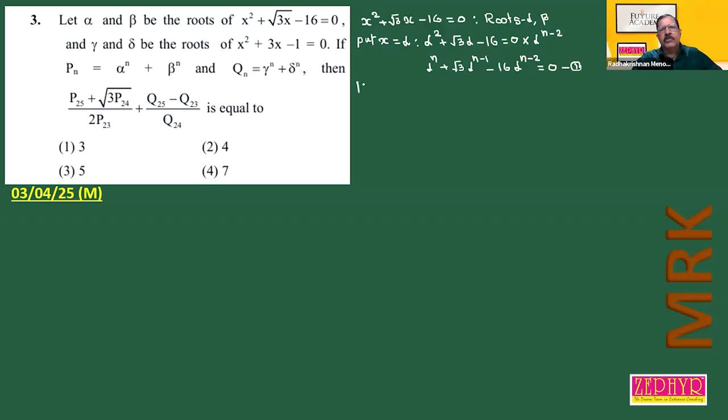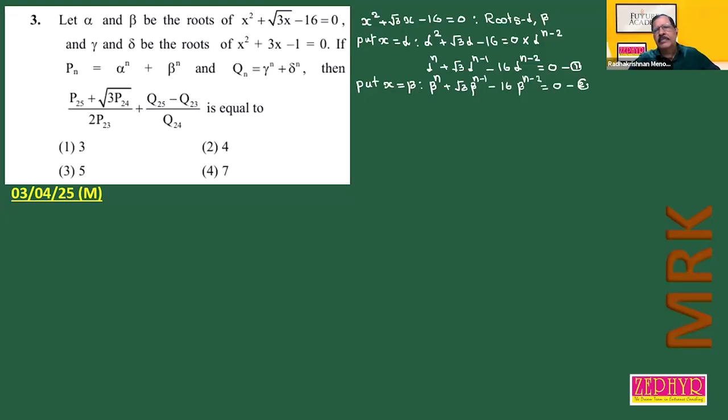Now you put x is equal to beta, same way, because beta is also a root of the same equation. So you will be getting a similar equation in beta. Instead of alpha raised to n, you will be getting beta raised to n plus root 3 into beta raised to n minus 1 minus 16 beta raised to n minus 2 equal to 0.